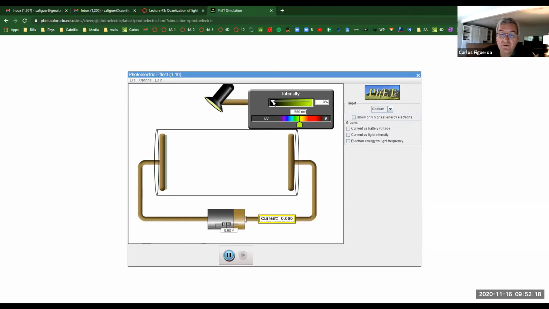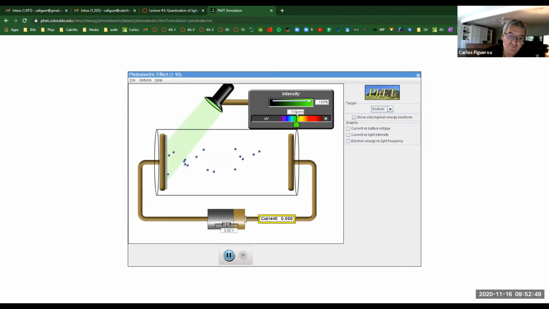So now look what I'm going to do. I'm going to increase the intensity full blast. And you can see nothing's coming off. Okay, I got full intensity. So now I'm going to shine green light, which is 530. So if I go to 530, I got green light, and you can see that I got electrons coming off.